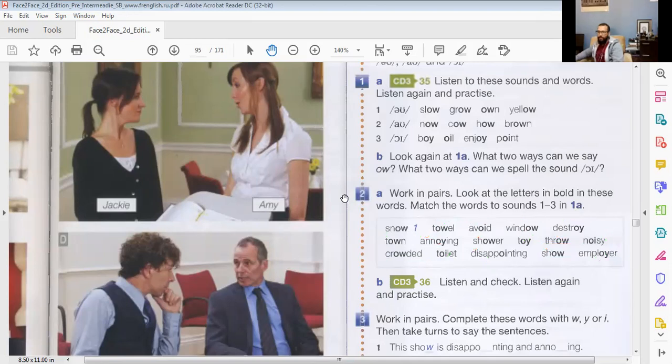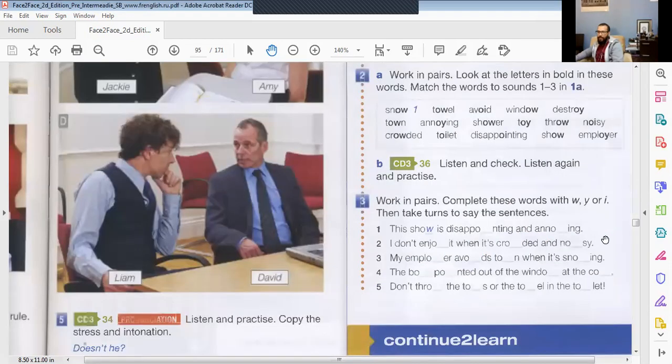That's okay. Now, it says here, complete the sentences with W, Y, or I. It's a bit of a spelling exercise. Okay, can you read number 1? And after you read it, tell me the missing letters. Okay, this show is disappointing and annoying.